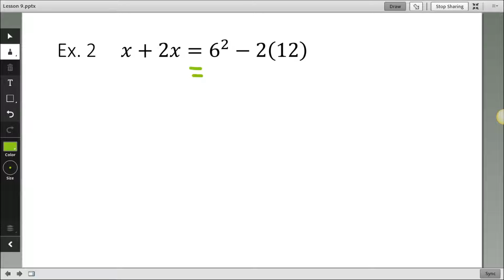I've got 6 squared, which is 36. I've got 2 times 24, so 2 times 12, which is 24. That is going to simplify to equal 12. On the left, I've got x plus 2x, which is 3x.